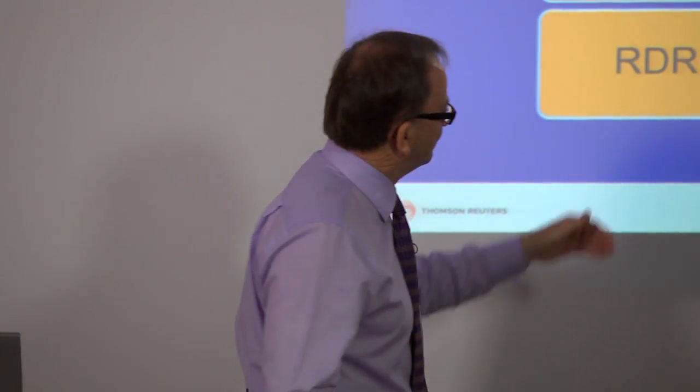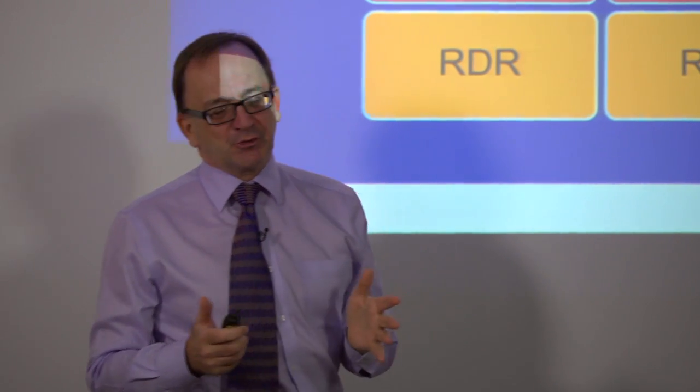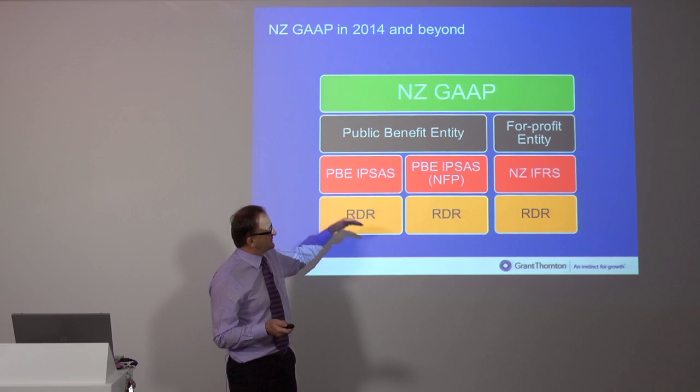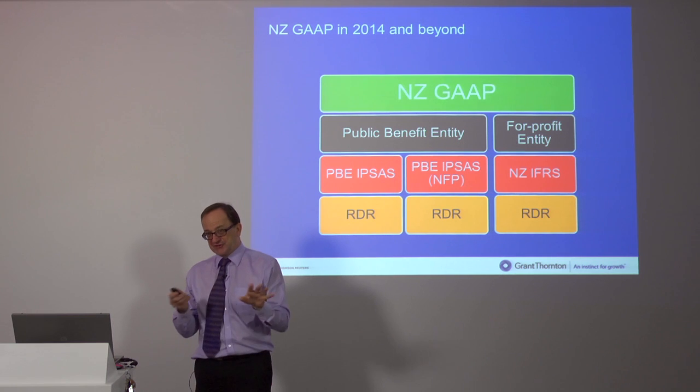And then NZ IFRS, which we've always loved, but with a reduced disclosure regime. Now this is not differential reporting, this is simply reduced disclosure. And so when we get into recognition and measurement, whether we're in full IFRS or in RDR, it's the same. And that means changes. That means cash flow statements will have to be prepared. Deferred tax will have to be done. And we'll bring that out in slides shortly.